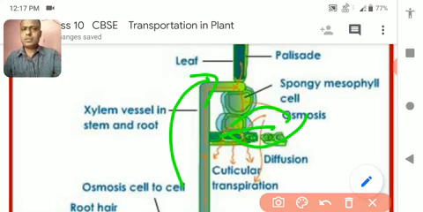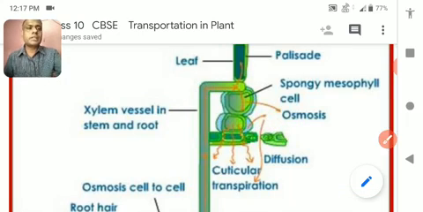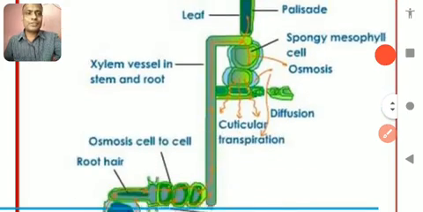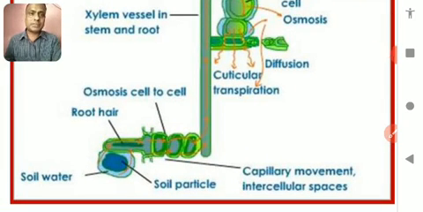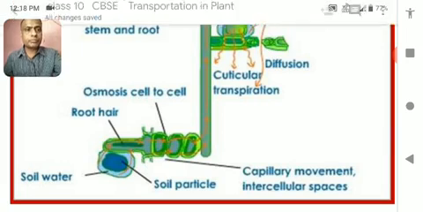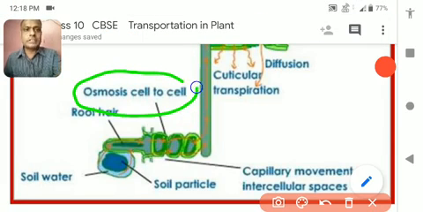In the leaves the water and mineral are utilized, and after that it is converted into food. So this is a very simple process, and it shows how the water moves from one cell to another cell.